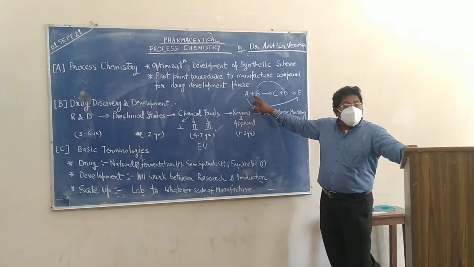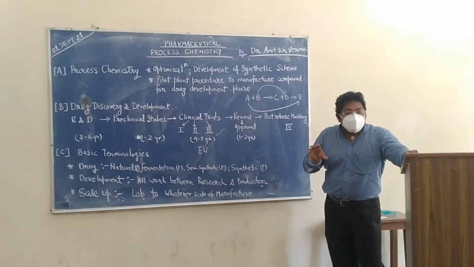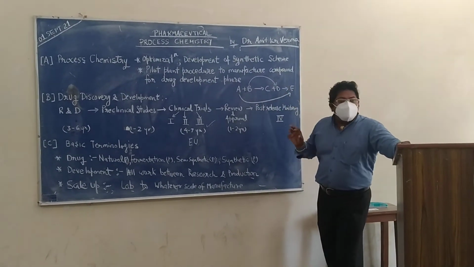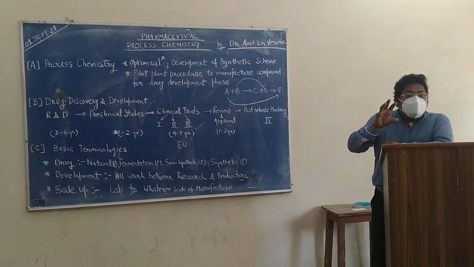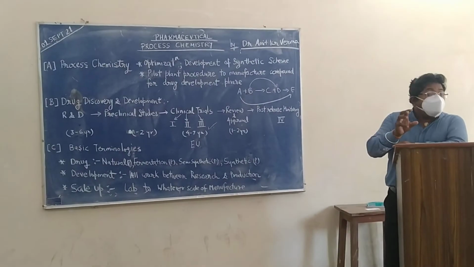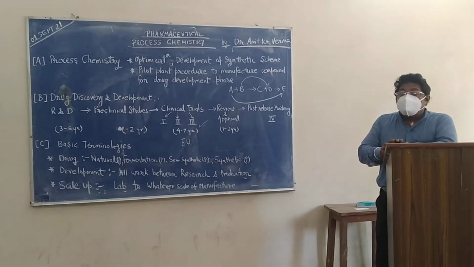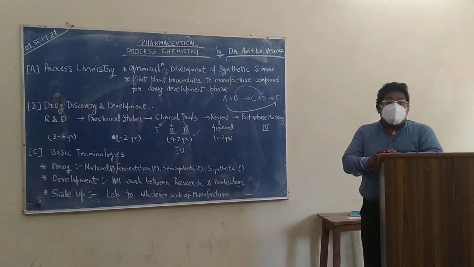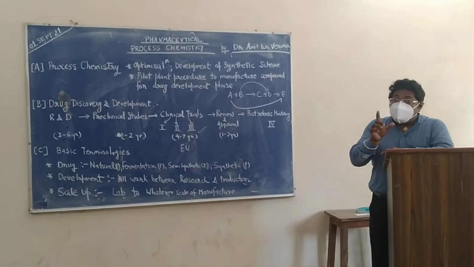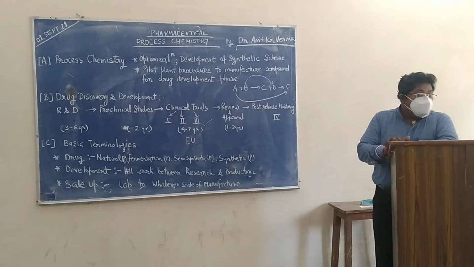Can we prepare E from A directly? Is there any synthetic route? Or can we prepare E from B? To work out those possibilities which are cost effective, which save chemicals, and which follow the principles of green chemistry is the work of the process chemist. So the process chemist is a very important person in the API plant.